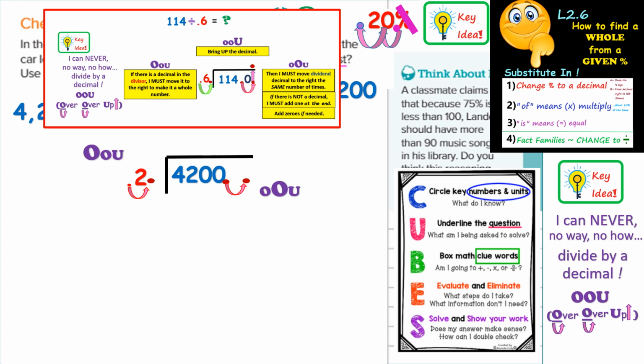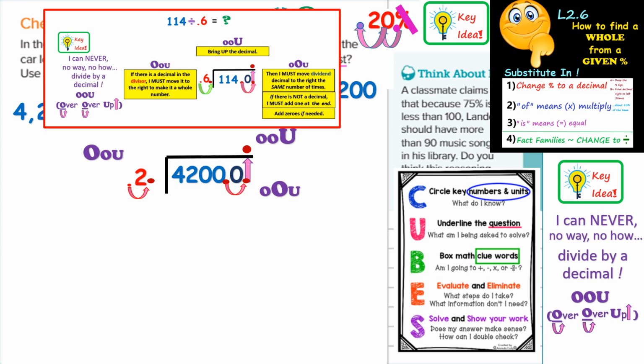I'm going to move it to the right one time because that's what I did on the outside. I fill in with a 0, so I have a holder of that place value, and then I bring the decimal straight up. So O on the outside, O on the inside, U, I bring it straight up so I know where it belongs. And then all I have to do is divide.